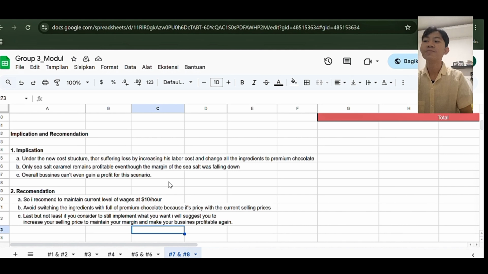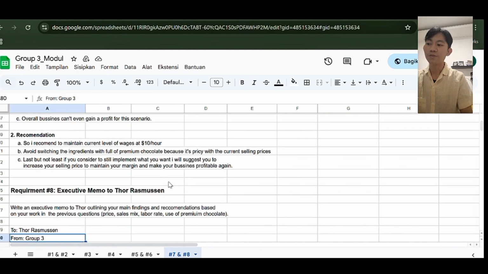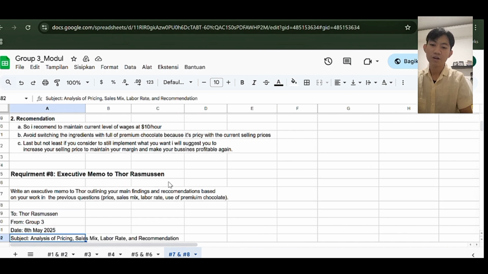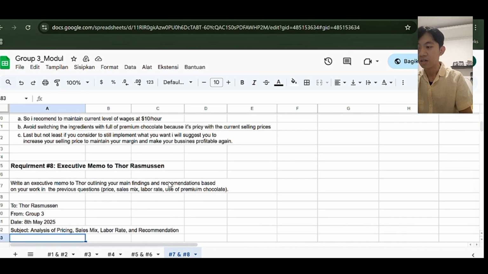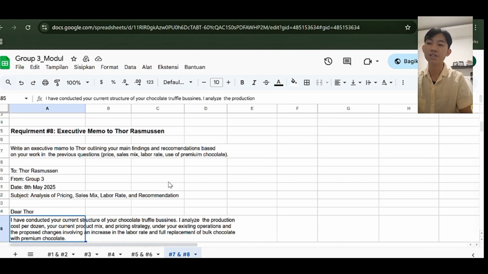Okay, next, I will explain requirement 8, the executive memo to Tor Rasmussen. So, we are from group 3. We made it on 8 May 2025. Subject is analyzing pricing, sales mix, labor rate, and recommendation.